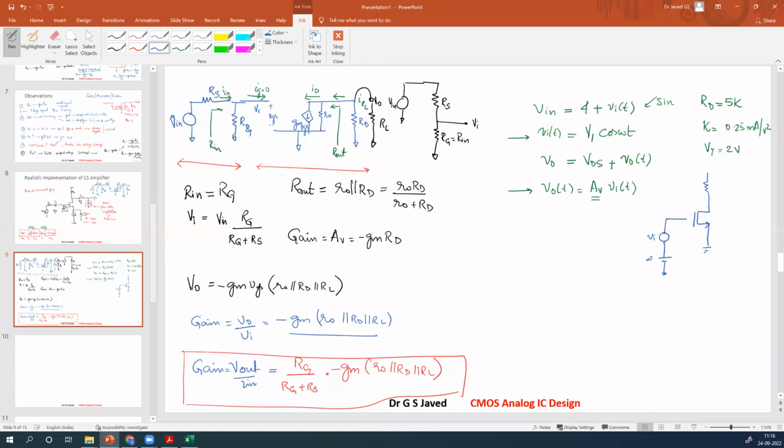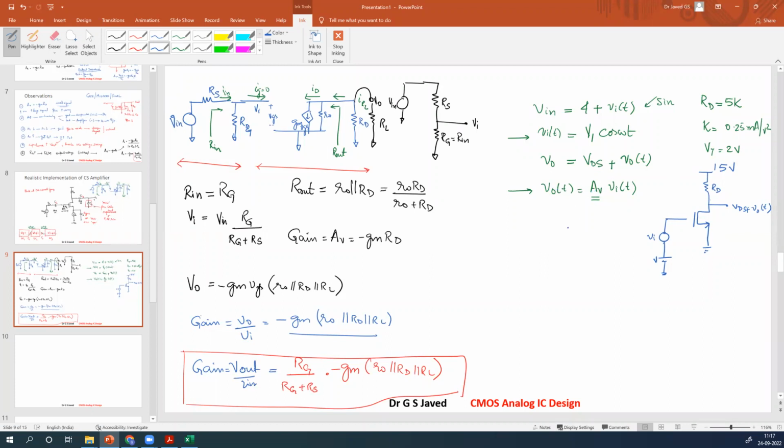This is plus 4 volt. This is Rd, 5 kilo ohm. Supply voltage 15 volt. V out is VDS. This VDS drop plus V out of t. So this is your circuit. Now this circuit has got this feature.